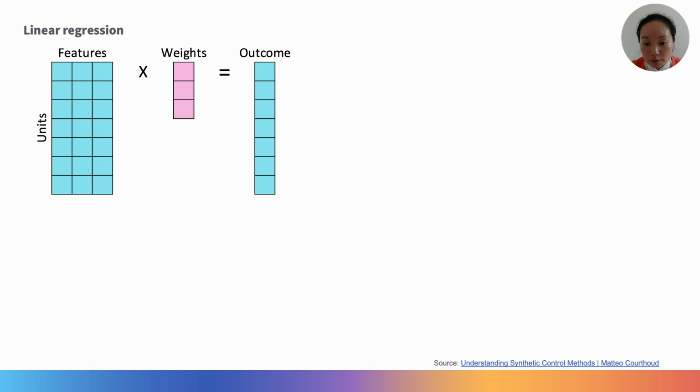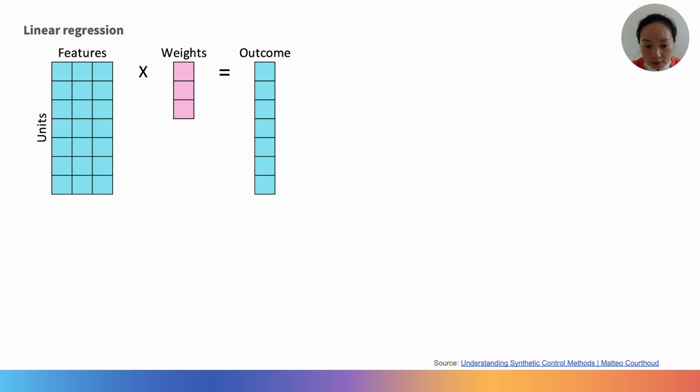The outcome variable here would be blood pressure, and the three features would be age, sex, and race. The unit level would be each and every individual.